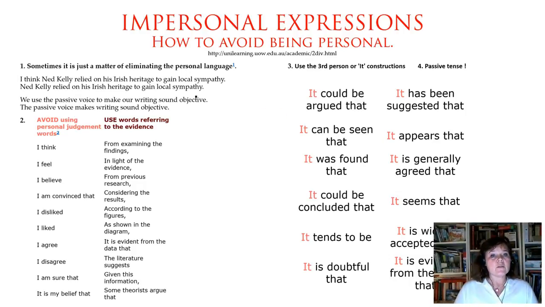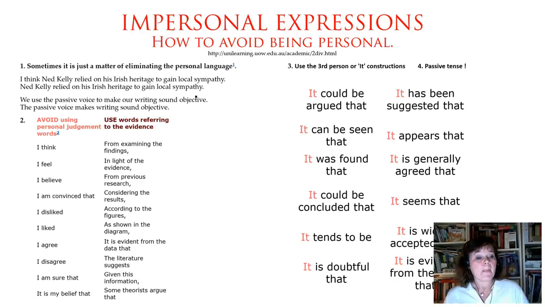Impersonal expressions. Here are some examples of how you can avoid being personal, because please avoid using any references to yourself apart from at the very end, as I mentioned in the analysis part where I presented how you should write your essays.